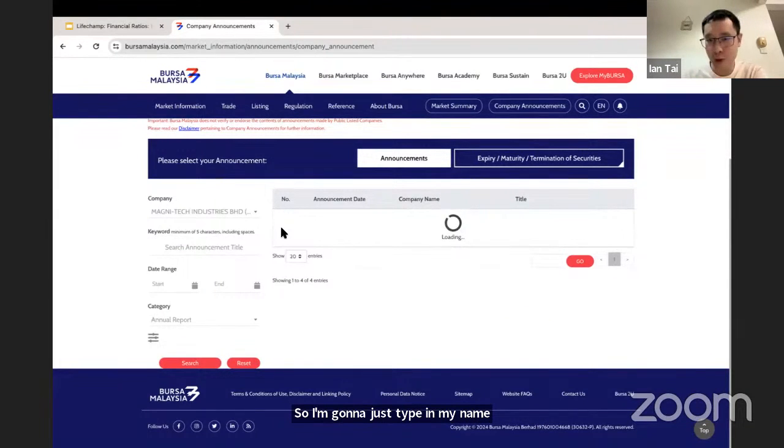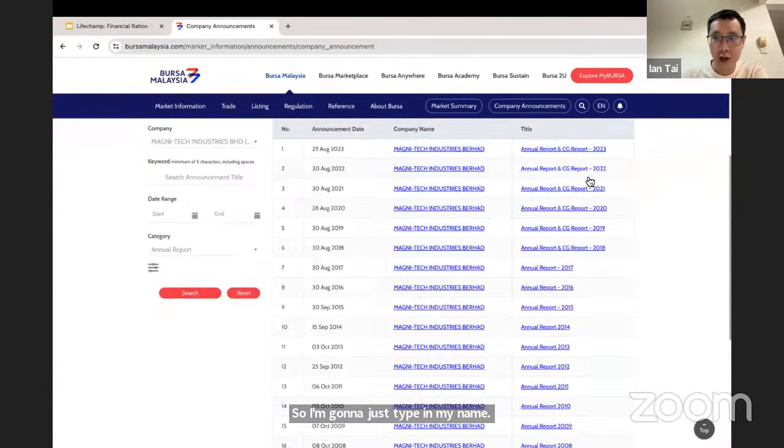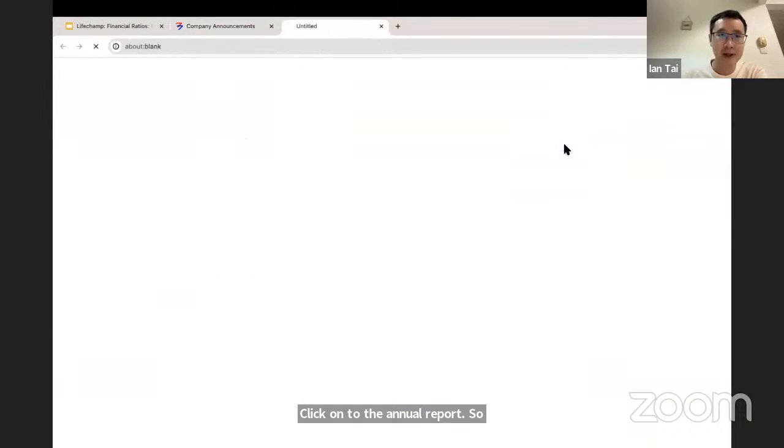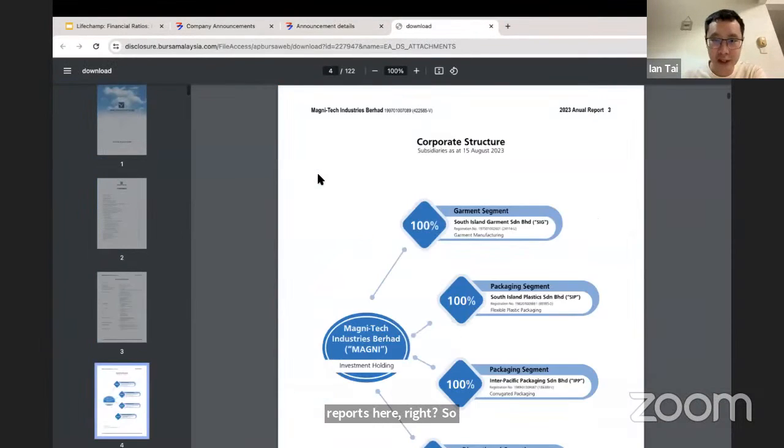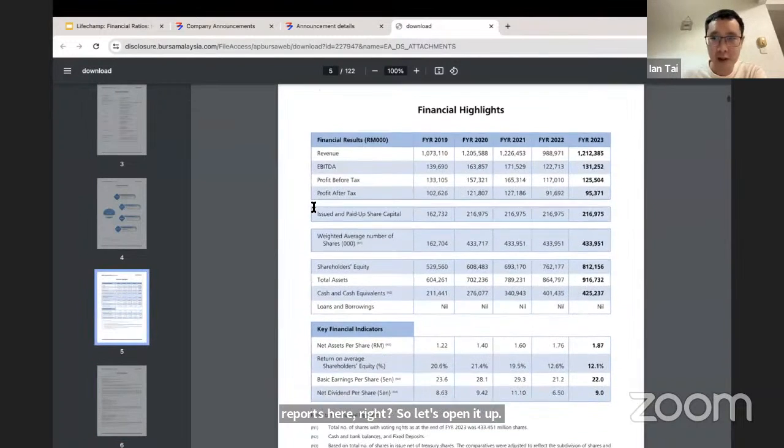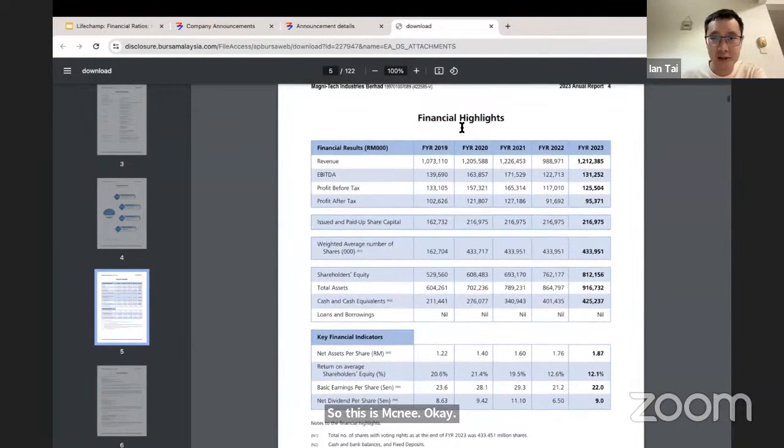Click onto the annual report. So you got a bunch of annual reports here, so let's open it up. So this is Magni. Over here, you can see that certain companies have these financial highlights. So what you can do is compute, you see, revenues have been given to you, and so is the profit after tax.